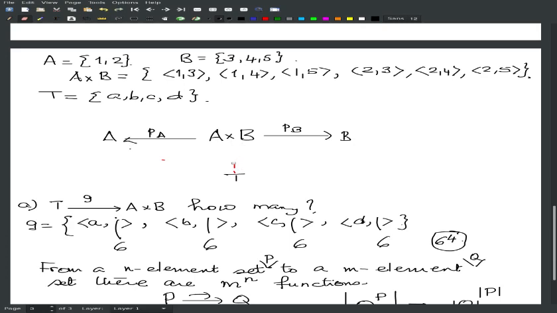Sorry, I was very fast here. So now suppose you have chosen a function here.